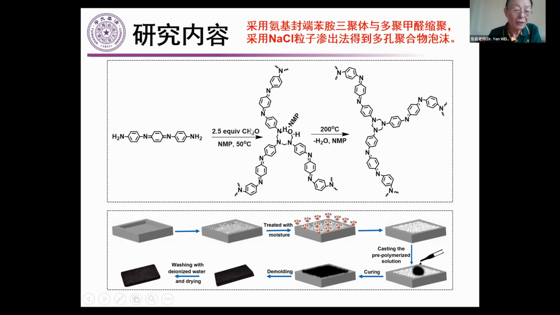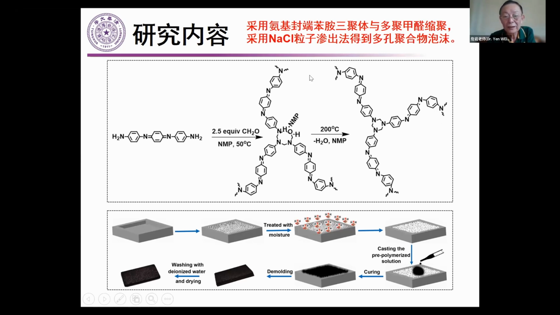Okay, they form a polyurea material. So we use the same strategy. Use this electroactive oligomer. Use formaldehyde to the cross-linking.